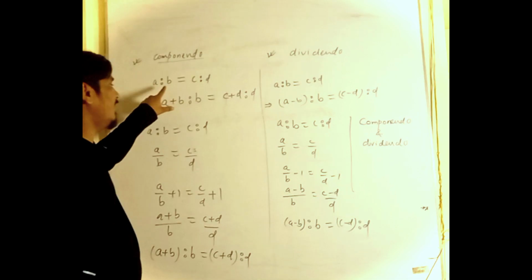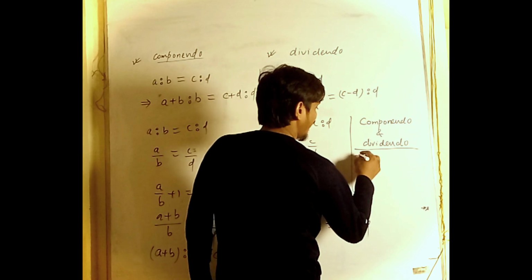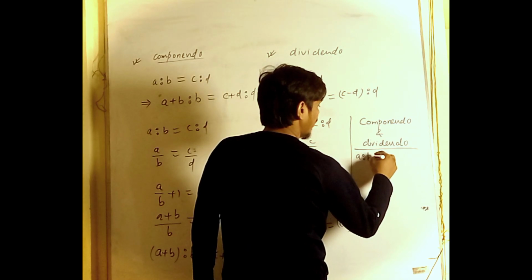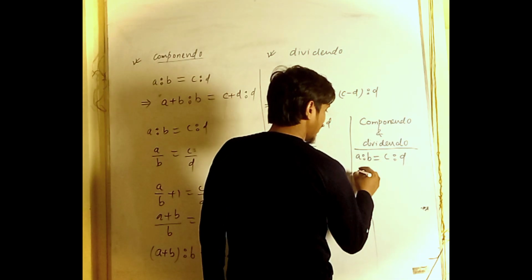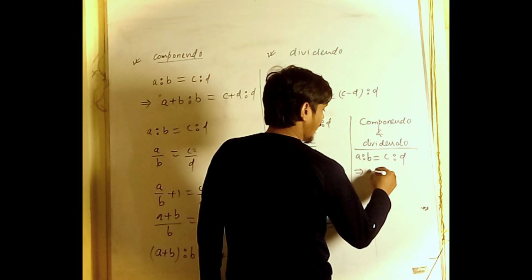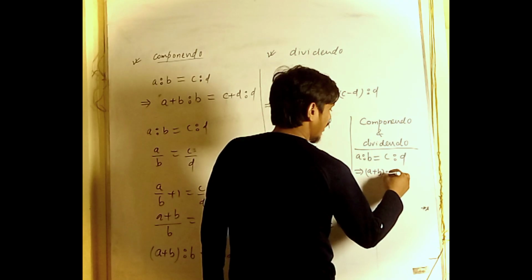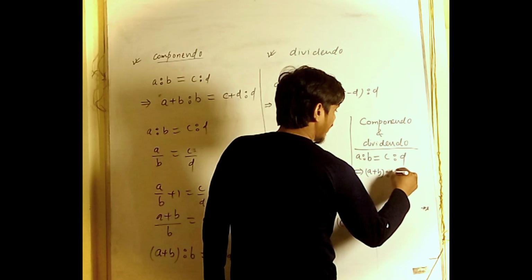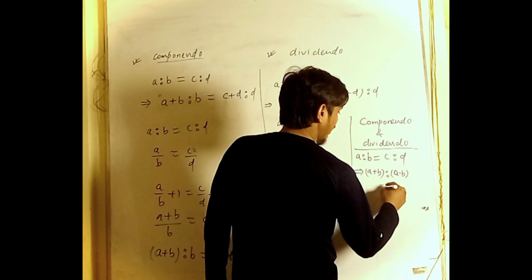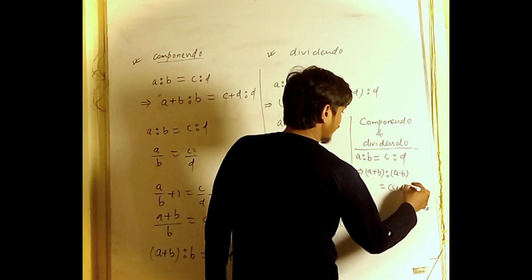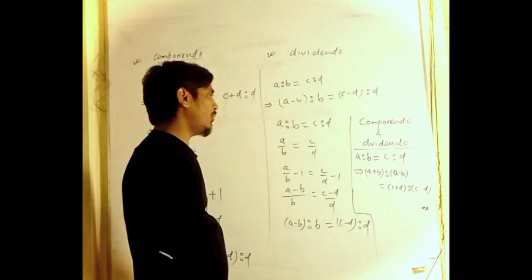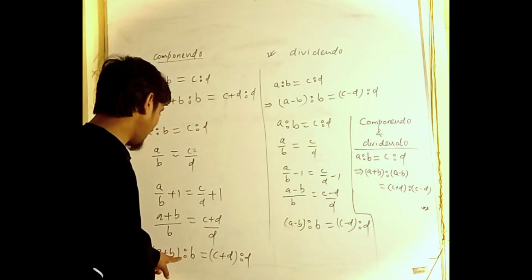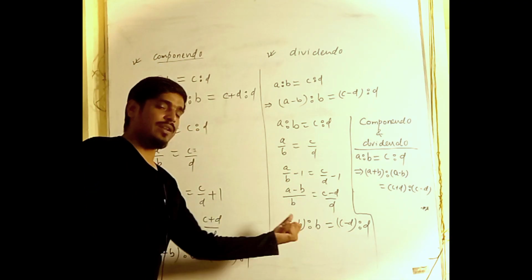So if we have A ratio B equal to C ratio D, then we can write this as A plus B ratio A minus B equal to C plus D ratio C minus D. We can get this result by dividing this componendo by dividendo.